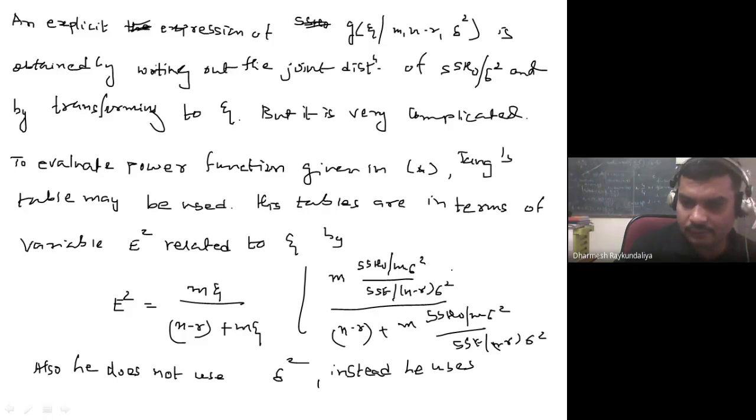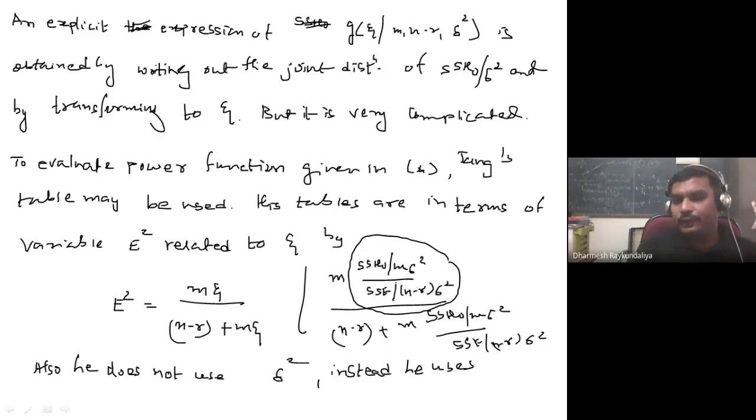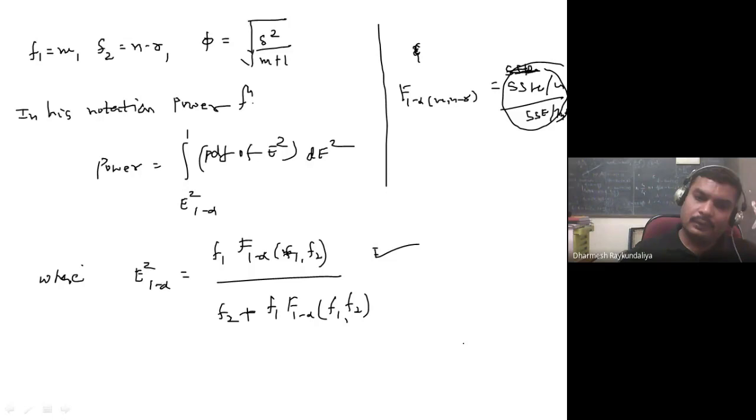So this has an F 1 minus alpha m n minus r distribution, because we find the critical value. If you find the critical e square 1 minus alpha, this has an F distribution with m and n minus r degrees of freedom. M they call f1, n minus r they call f2. So this is f1 F 1 minus alpha f1 f2 over f2 plus f1 F 1 minus alpha f1 f2. That is what they have written.